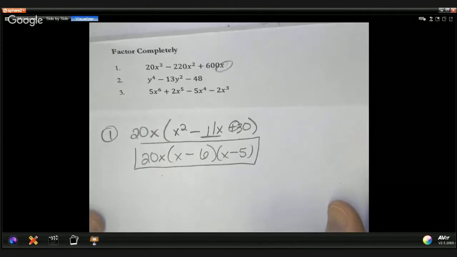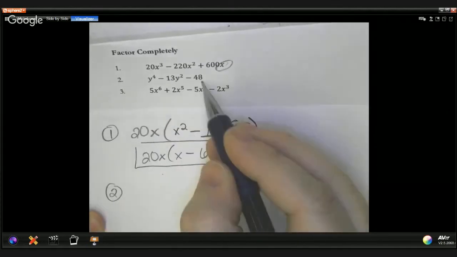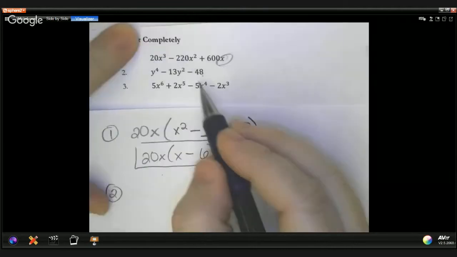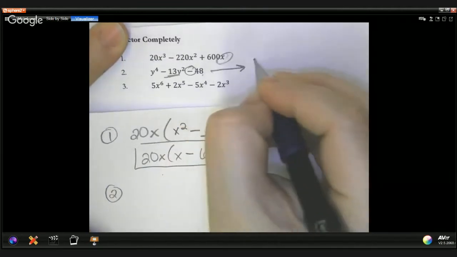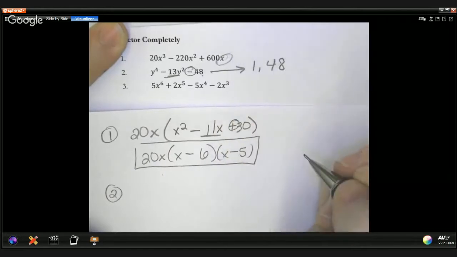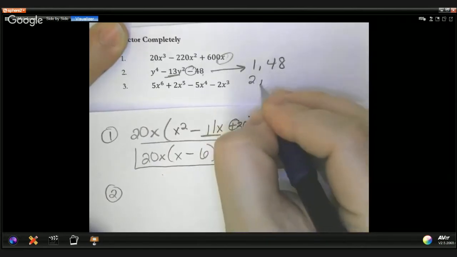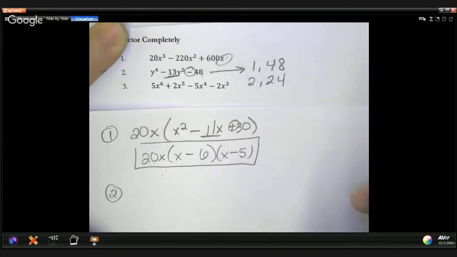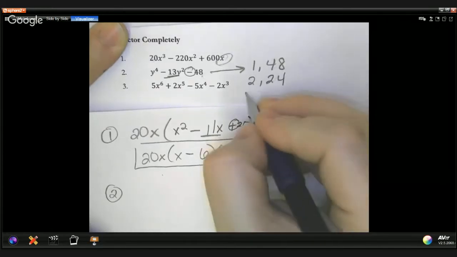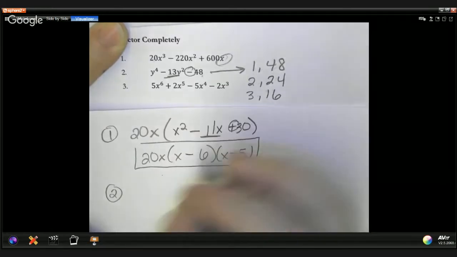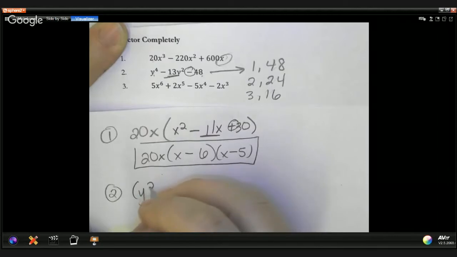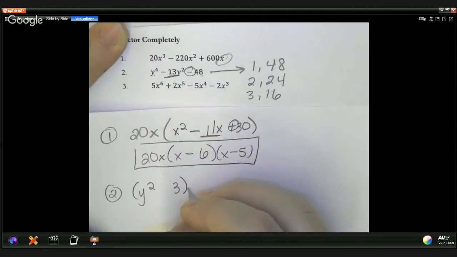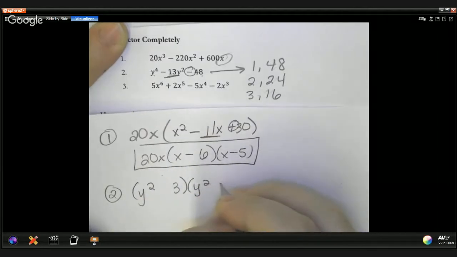Okay, number 2 is a trinomial. So I have to say what times what is 48, subtracts to give me 13. Well, 1 and 48. No, that's not 13. 2 and 24. No. 3 and 16. That's it. So now, because I had a y to the 4th, I have to have half of that, so it's y squared with a 3 and y squared with a 16.